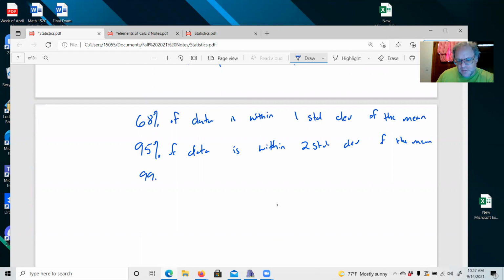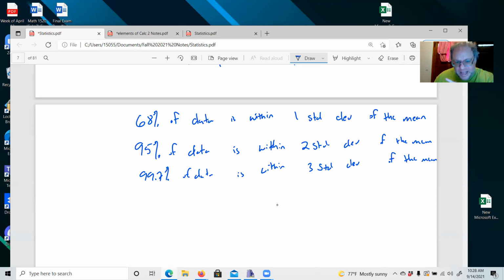And 99.7% of your data, so it's not linear, is within 3 standard deviations of the mean.